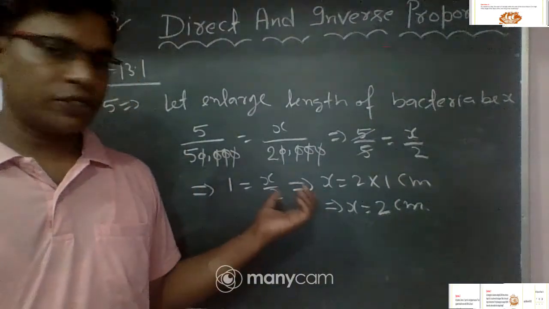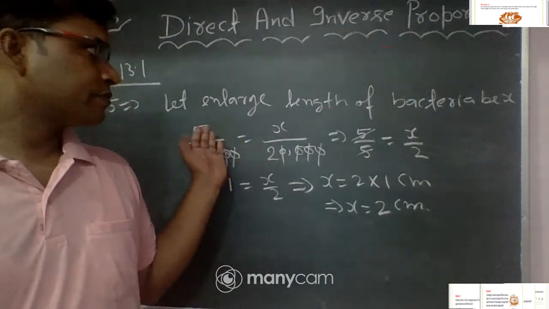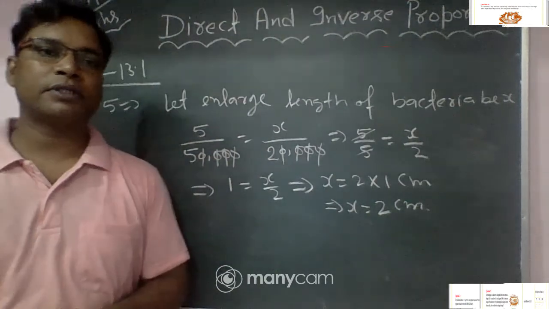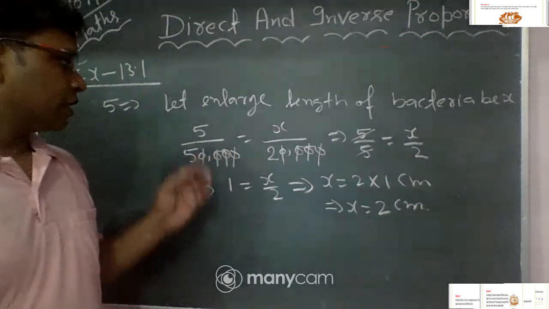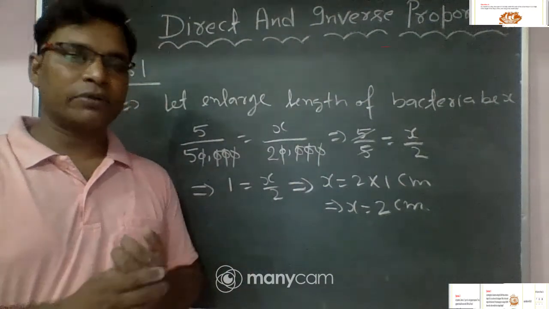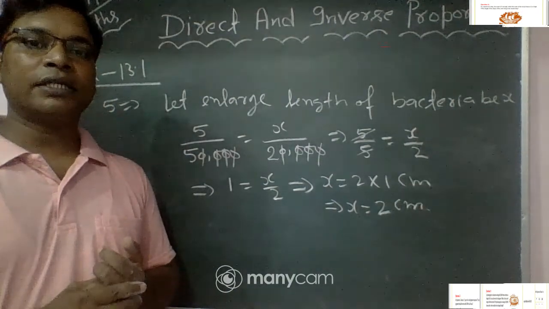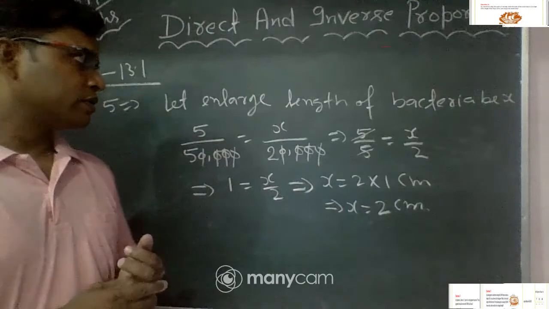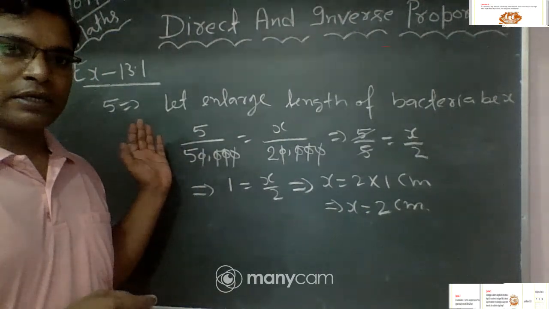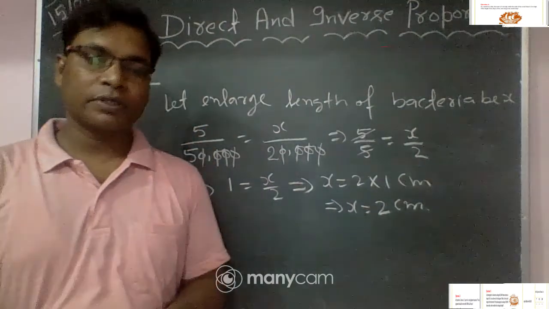So I hope all of you understood this question. This is given 5 centimeters enlarged, so the photograph shows it 50,000 times. So the question is, if the photograph shows 20,000 times, what is the enlarged length of the bacteria? So you can see here this is a case of direct proportion.